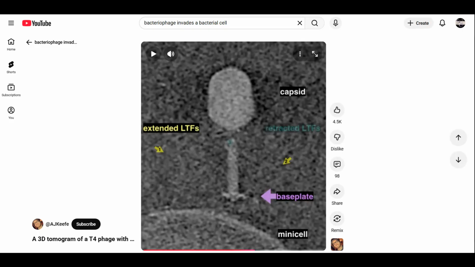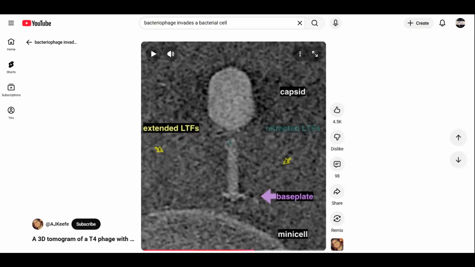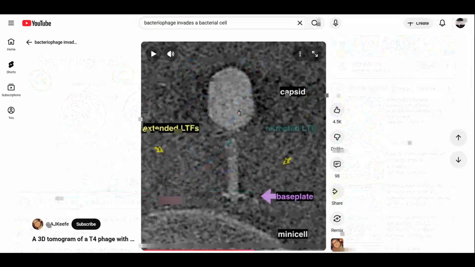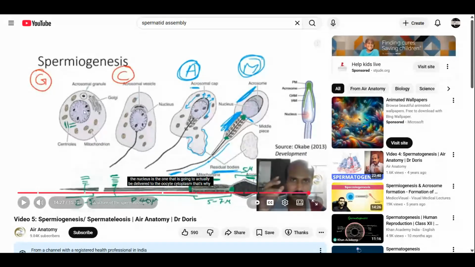And here is a picture of the sperm as it was being made. Look at that. So it goes from here. This is actually a normal cell on the left.